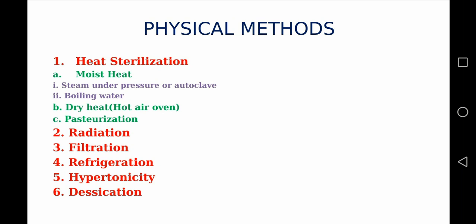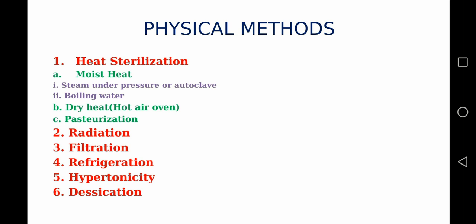We'll start with the moist heat. In that, first one is steam under pressure or autoclave. It is usually operated at 250 degrees Fahrenheit or 121 degrees Celsius. The time needed for the procedure depends on the articles to be sterilized.